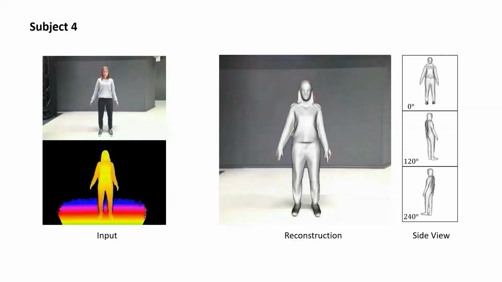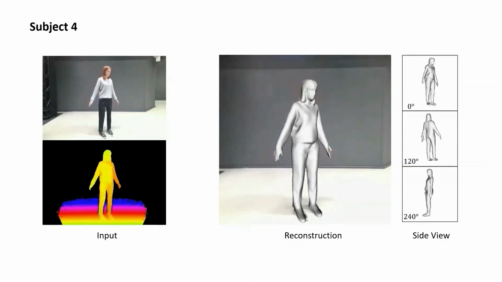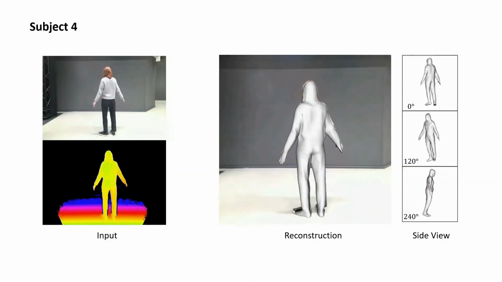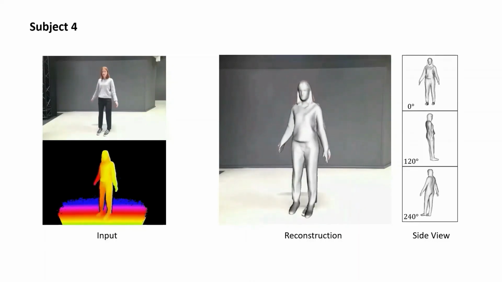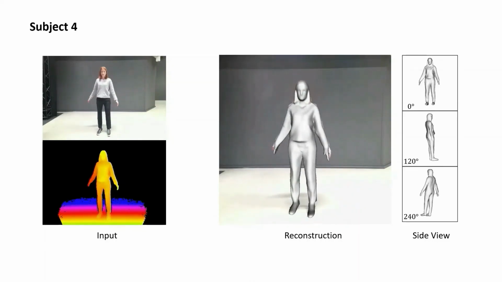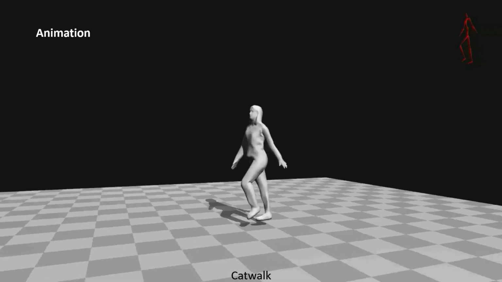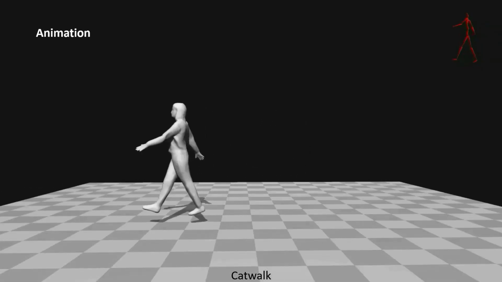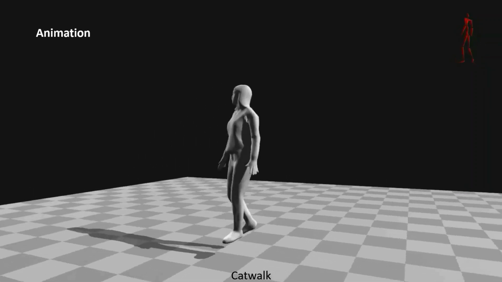Finally, our model can capture fine details, even those that are difficult to capture for most depth sensors, such as the hair of this female subject. While our model produces plausible animations of the avatar, we leave the full treatment of hair animation for future work.